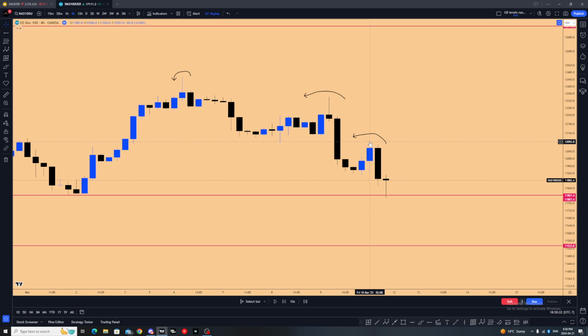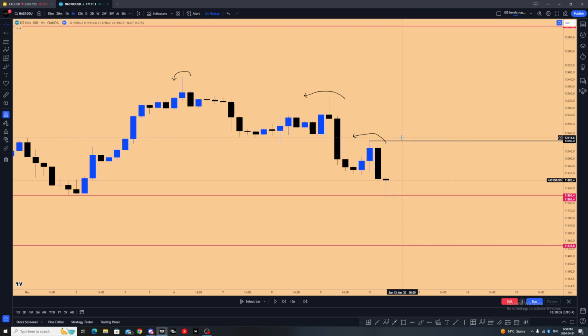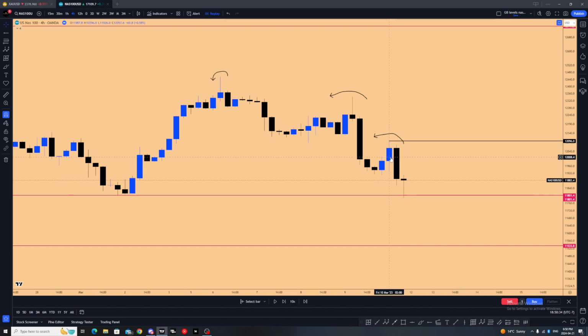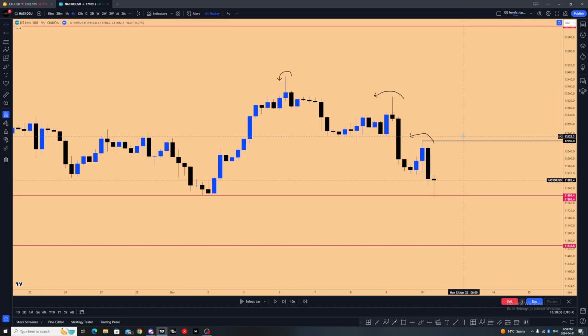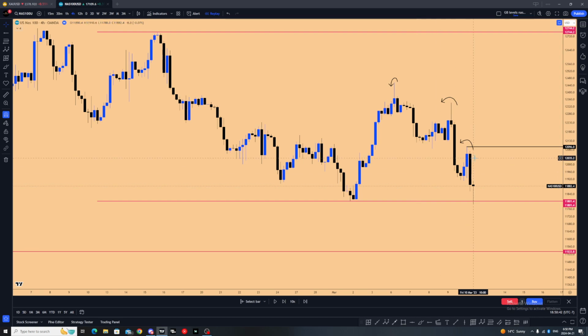It needs to go above the latest lower high. So this lower high needs to be violated if we need to see a trend shift happen in the market. If this lower high does not get violated, this low is still vulnerable for a stop run.